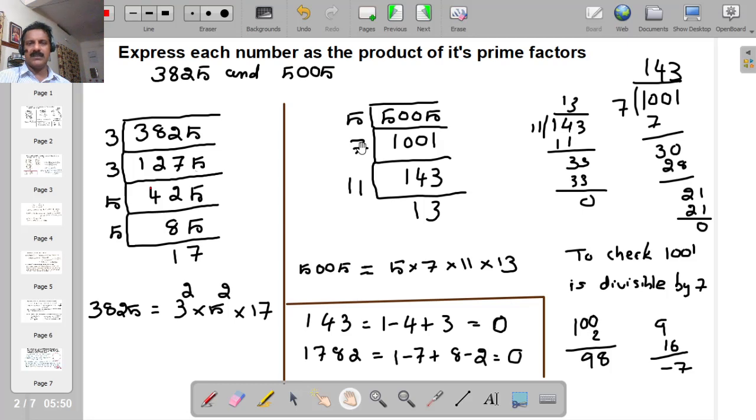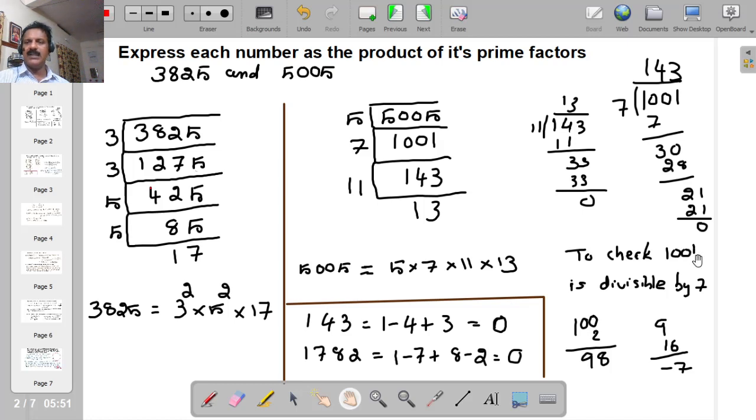How to check whether 1001 is divisible by 7 or not? The procedure is this. To check the divisibility of a number by 7, we will remove the last digit from the number. After removing the last digit, we got 100. Then we double the removed last digit, which is 1.